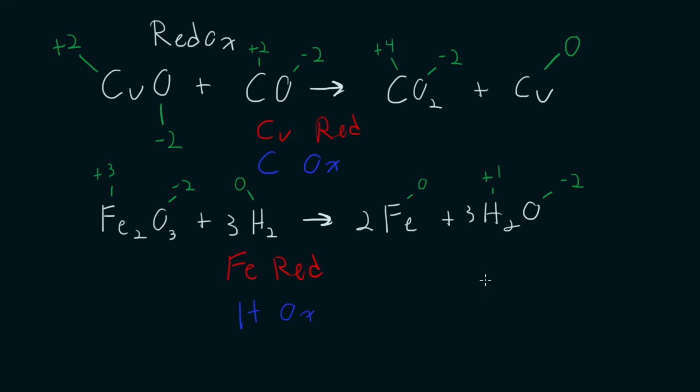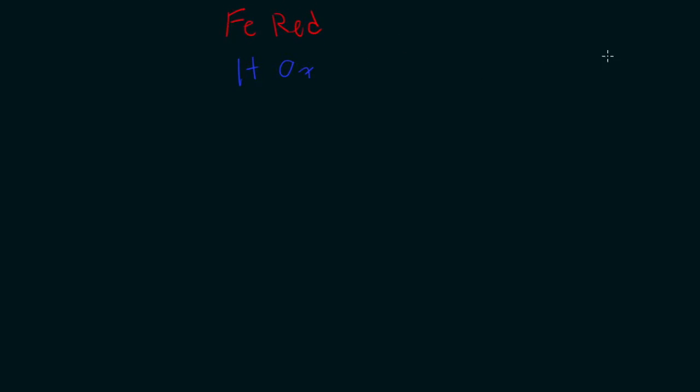There we go. So let's talk about some terminology in these types of reactions. It's pretty common to talk about what is being reduced and what is being oxidized. But it's also very common to talk about certain chemicals that are very strong oxidizing agents.